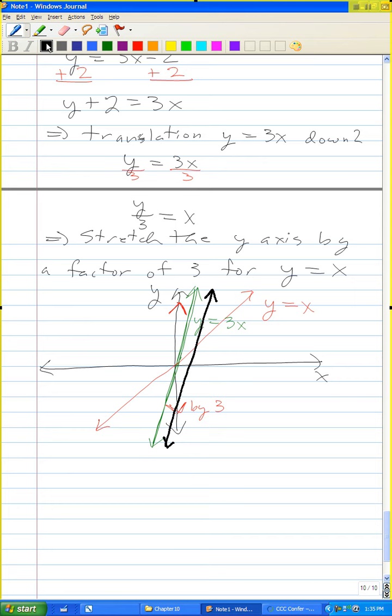So now I've gone down here by 2 units, and so this 0 goes to -2. Okay, and that's the graph of y equaling 3x minus 2. Basically what we knew from chapter 2, or chapter 3. Okay, let me do problem number 16.